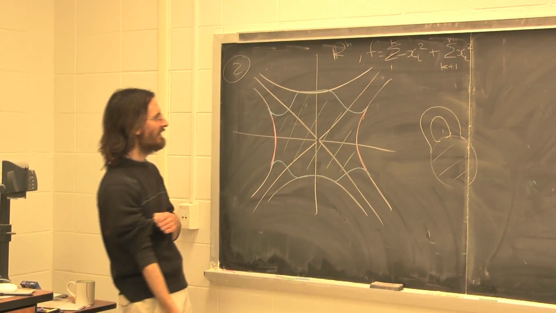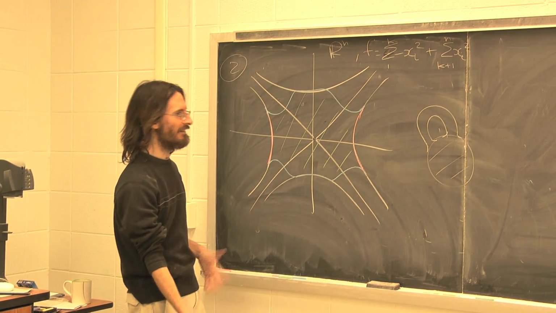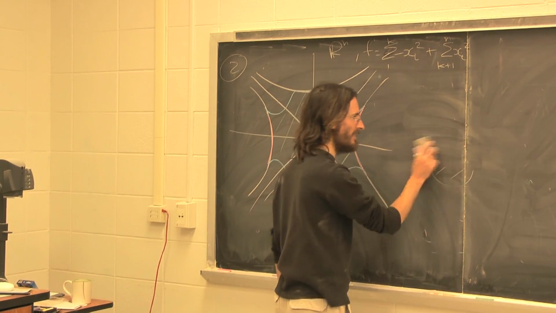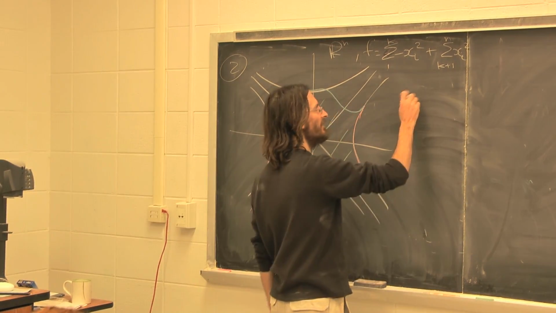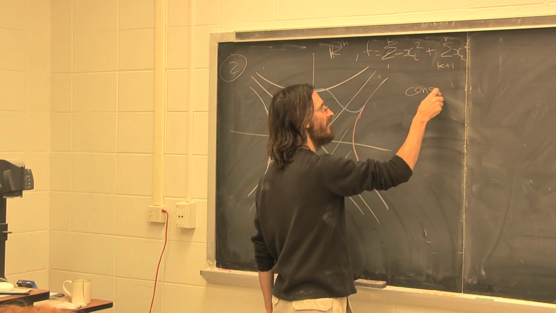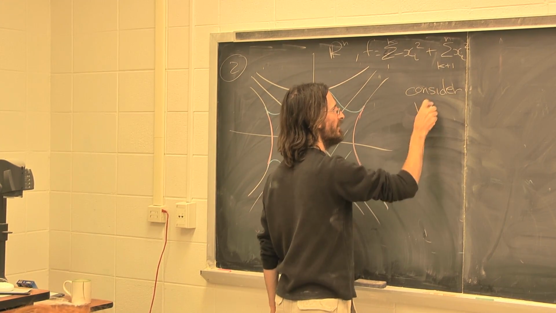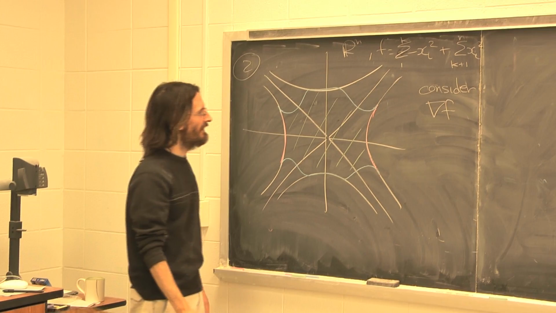And so now I have the standard gradient vector field. I don't even need to say gradient with respect to g, I'll just say grad f. Consider grad f, the gradient field for f.